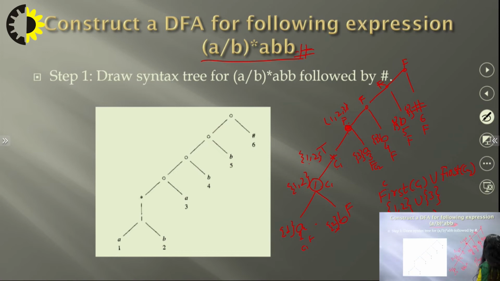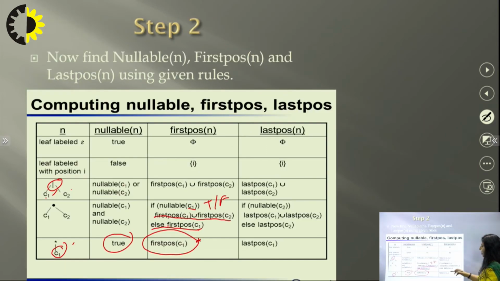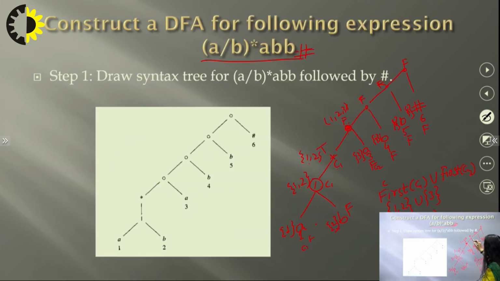Right. Now we have to move in the upward direction. The next symbol is again the concatenation symbol, so we use the same rule. Here the nullable of C1, which is this concatenate symbol, is false.